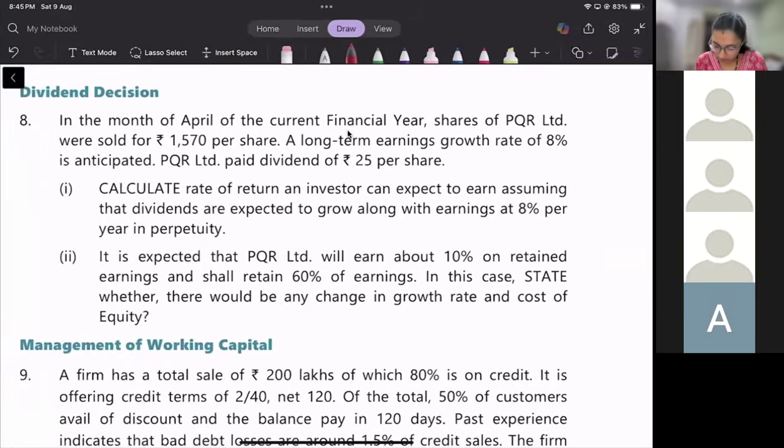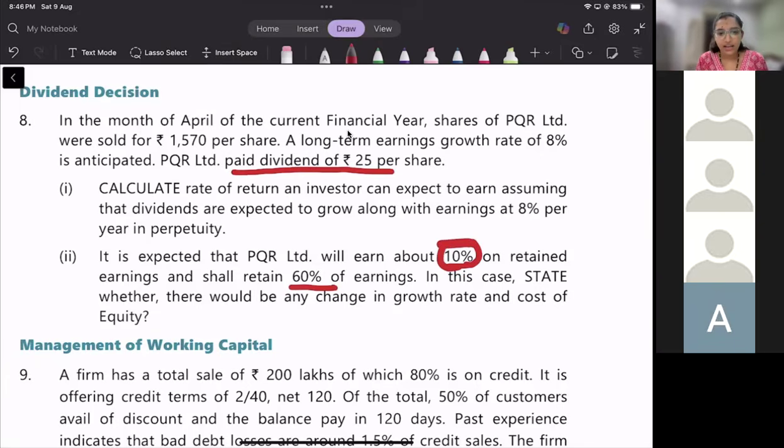See, here they have actually given that they have paid a dividend of 25 per share. Now, it is expected that PQR Limited will earn 10% on retained earnings and shall retain 60% of earnings. So definitely there is a change in growth rate. What ICA has done in this case is they have assumed the 10% rate of return is the same in the first case also.